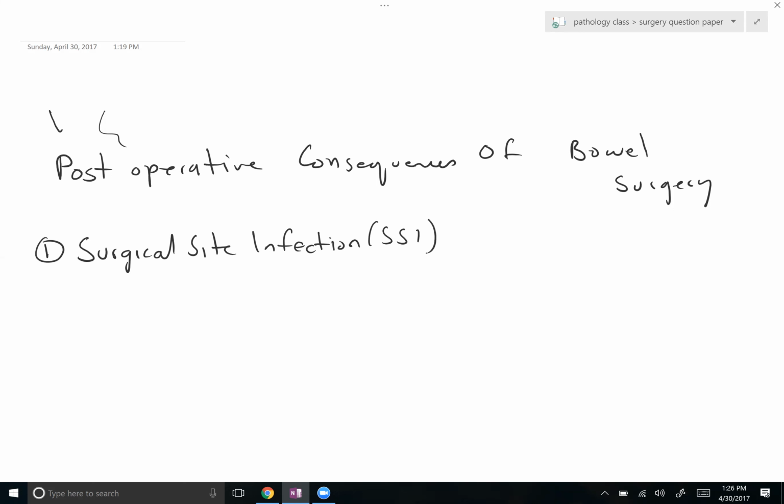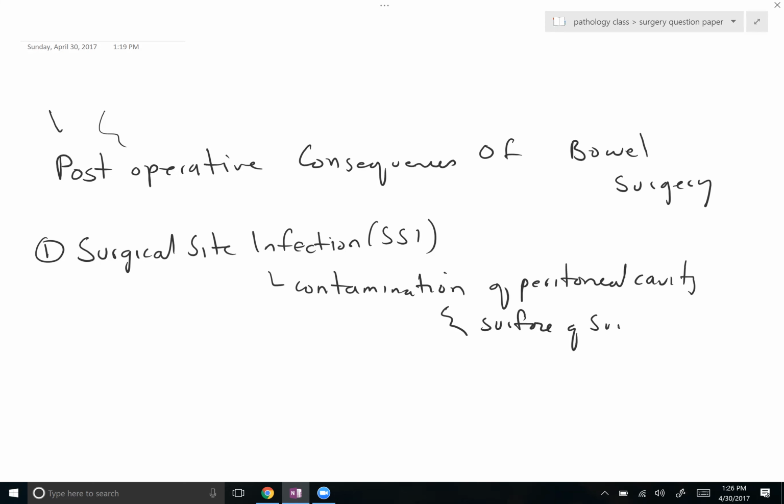Now because it is an open procedure, if it is performed openly rather than laparoscopically, it can lead to contamination of the peritoneal cavity, and the wound itself, or basically the surface of the surgical wound.